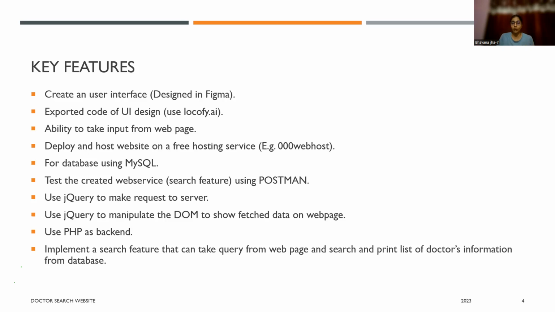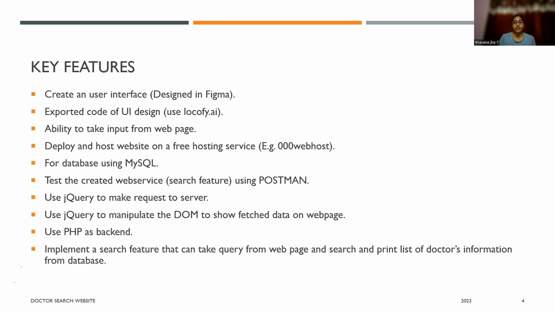We can use jQuery to request the server, and to manipulate the data and show the result on the web page. We use the PHP language for the backend, and lastly, search and print the list of doctor information from the database.